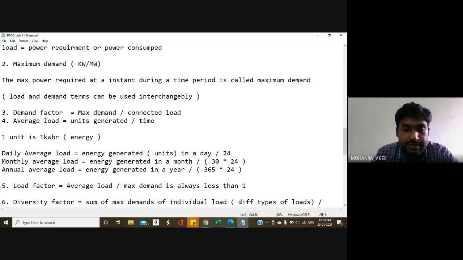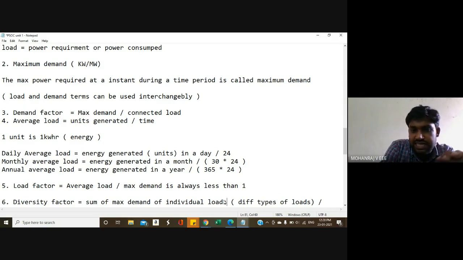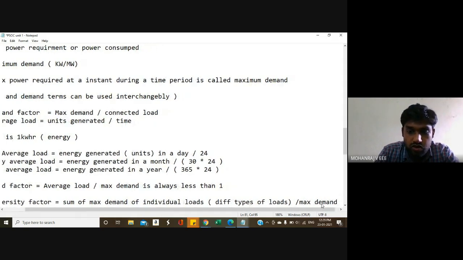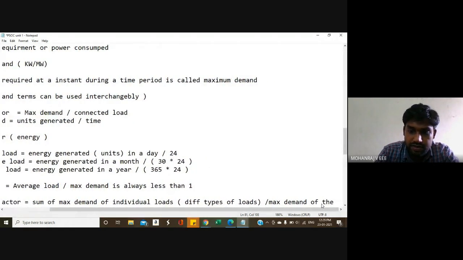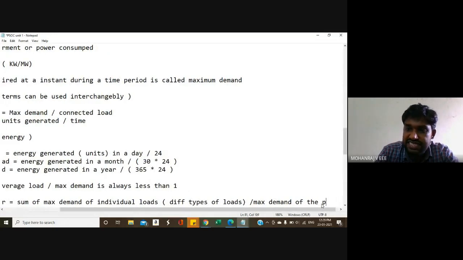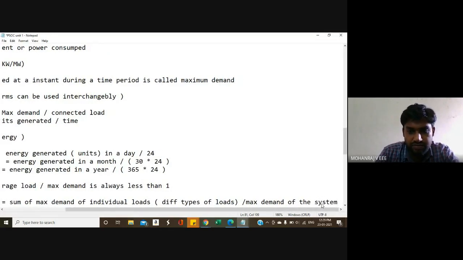Individual loads here means different types of loads. We know commercial load, we know irrigational load, we have discussed industrial load. So these are different types of loads. In each and every type of load, what is the maximum demand? Add them. That is the summation of maximum demands of individual loads divided by the maximum demand of the system.